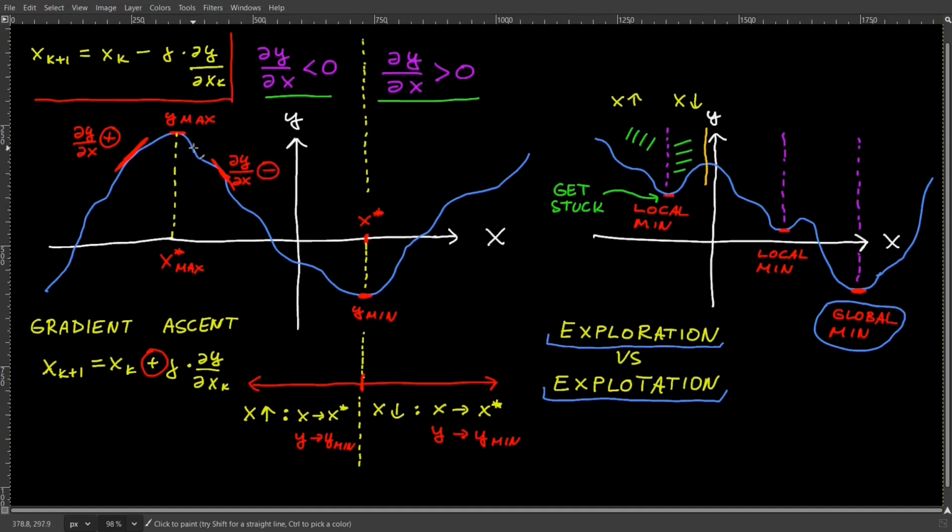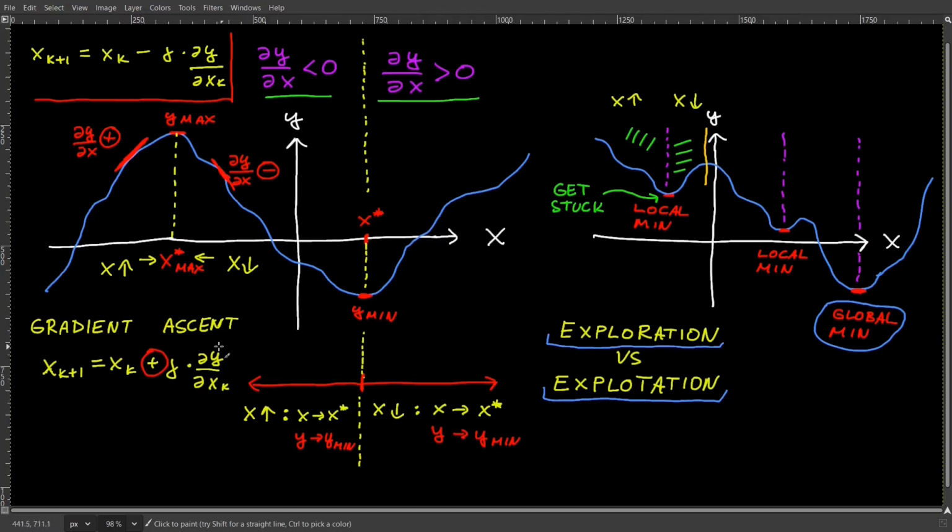To find the maximum point, when you have a positive derivative, you want your x to increase, and when you have a negative derivative, you want your x to decrease in order to converge to this x star max. And this algorithm, because of this plus sign, will make it happen.